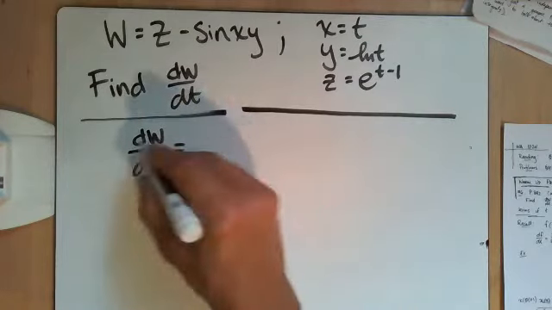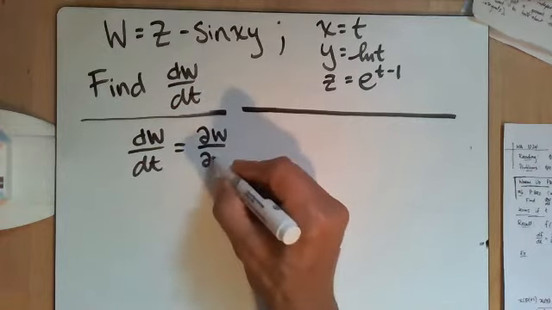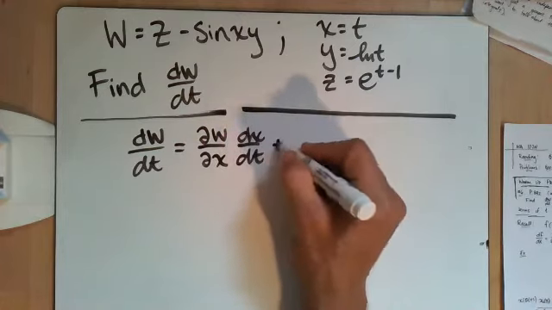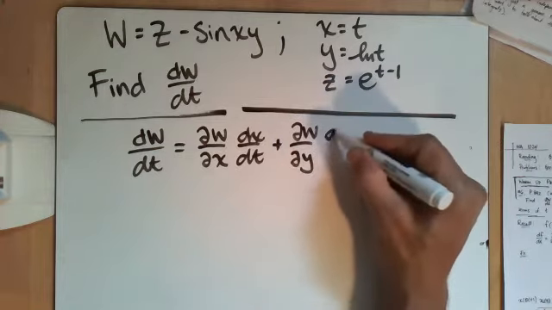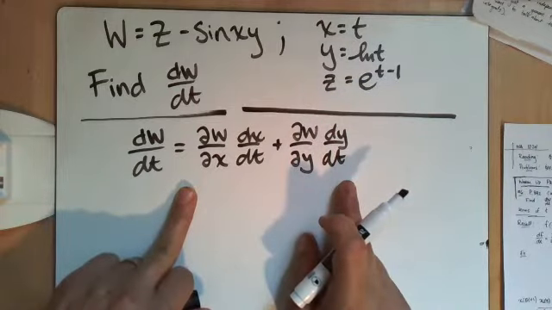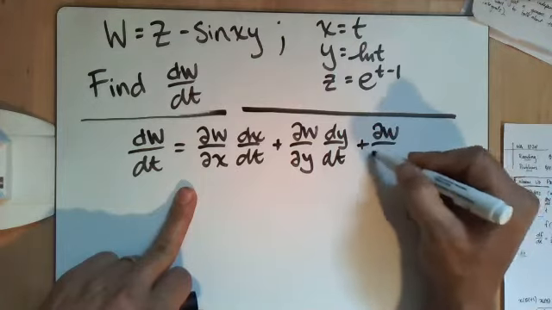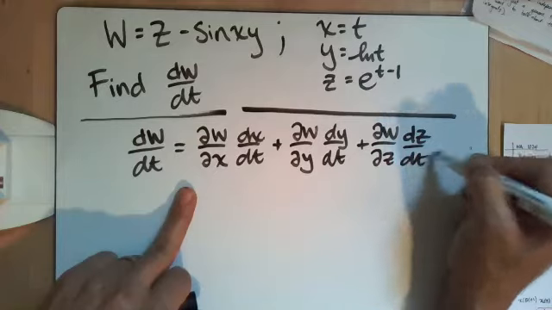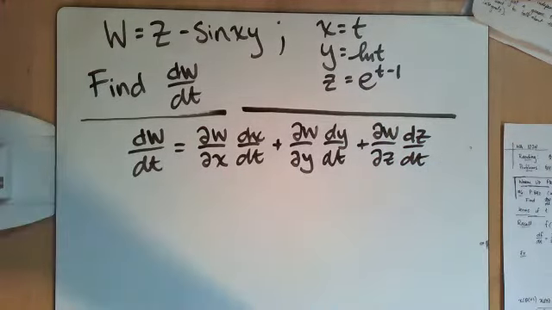What do I mean? dW dt is equal to the partial of W with respect to X times dx dt, plus the partial of W with respect to Y times dy dt. This is what we had for our two-variable chain rule. And then we just add on the partial of W with respect to Z times dz dt. Now it's just a matter of evaluating all of these things.